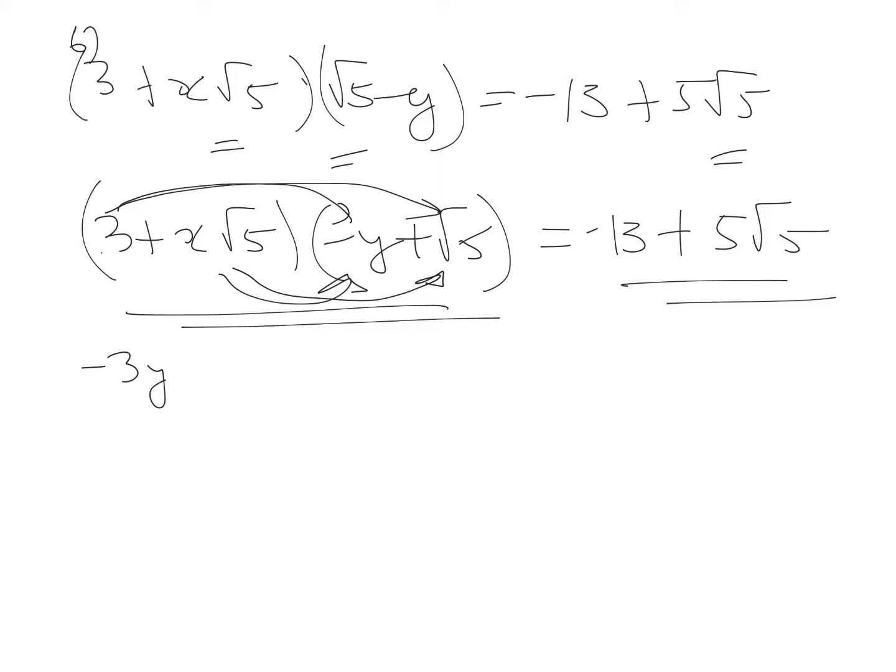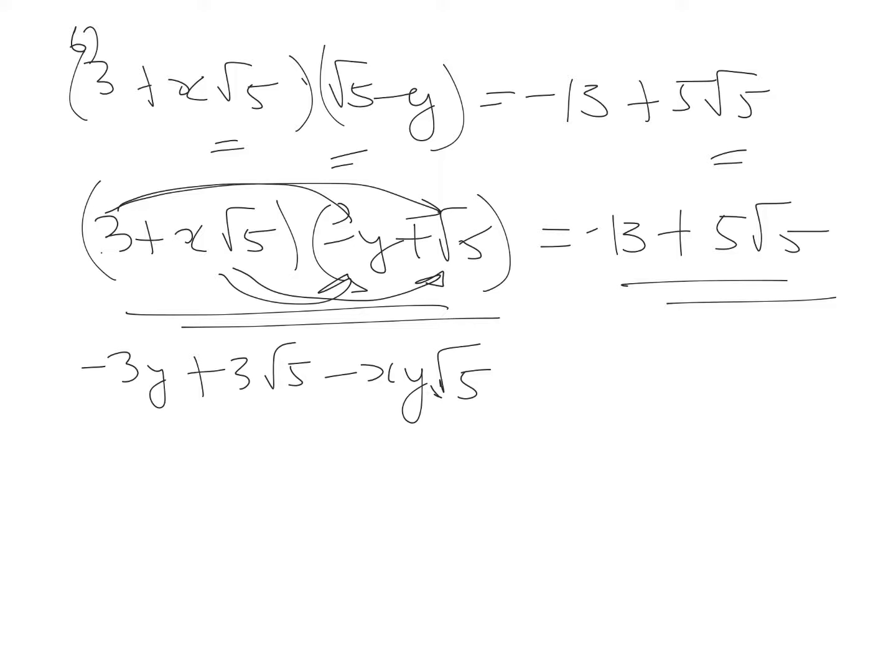So we're doing the expansion. So negative 3y plus 3 times root 5. And then we're going to multiply x root 5 times negative y, which will give us negative xy root 5.